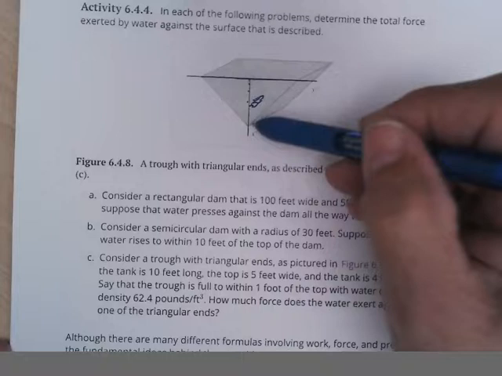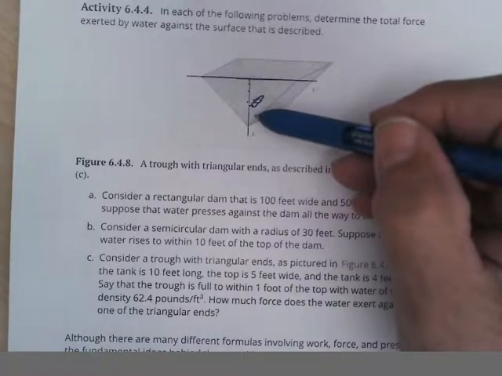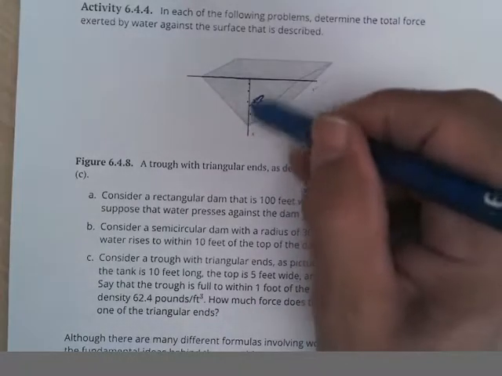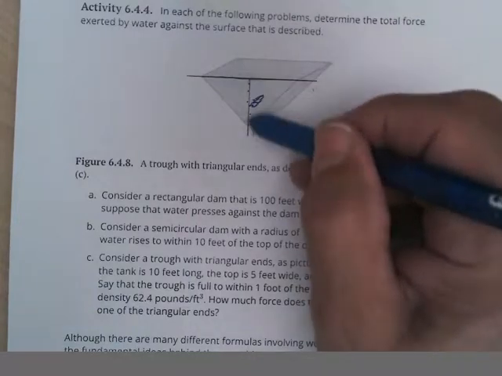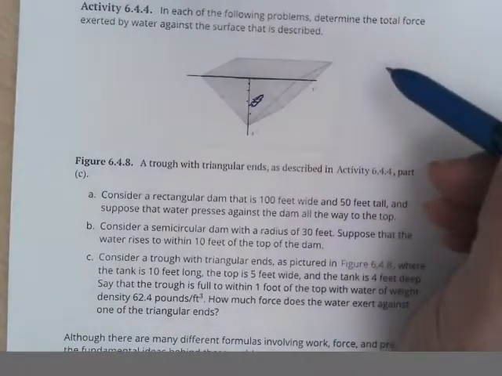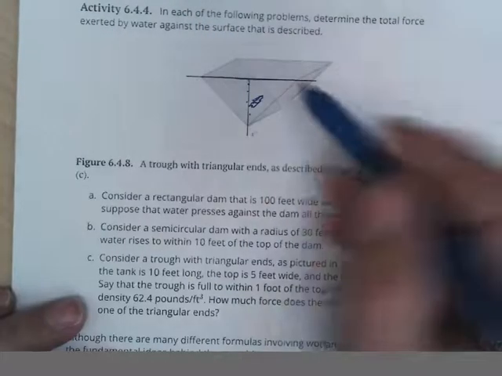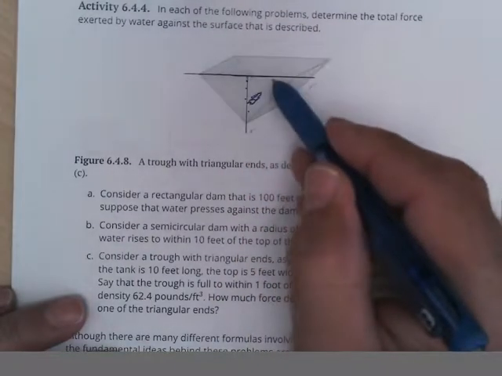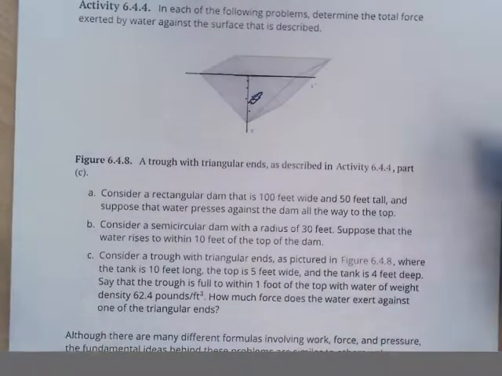So the deeper you go, there's more water on top of you pushing down, and that increases the pressure. So the pressure varies as you go up and down. If you have a dam, the pressure is going to be the most on the bottom of the dam and not so much at the top of the dam.